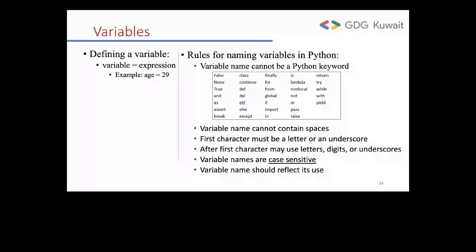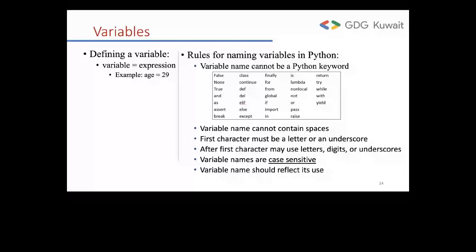After the first character you may use letters and digits, as I said. Variable names are case sensitive. So when you write age in small letters, keep writing it the same way throughout all the programs. If you want to refer to this variable age, write age in small letters.